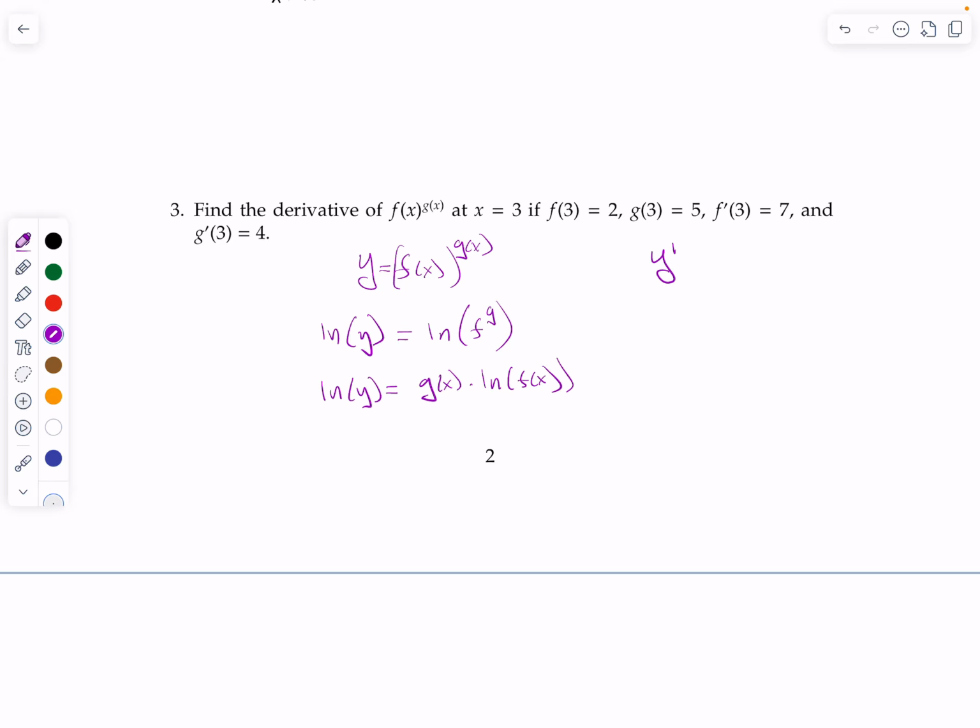Y prime over y. Natural log of y, derivative is 1 over y, but then you multiply by y prime. And then this is going to be the product rule. So I have g prime of x times natural log of f of x.